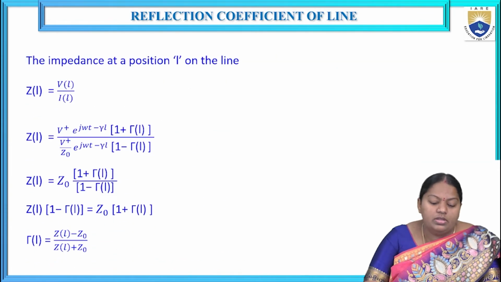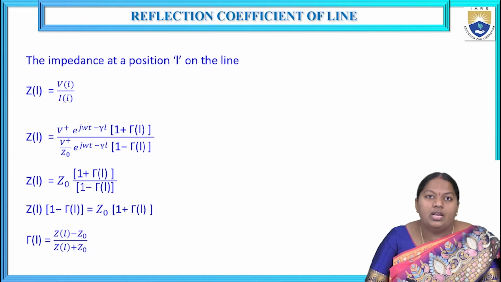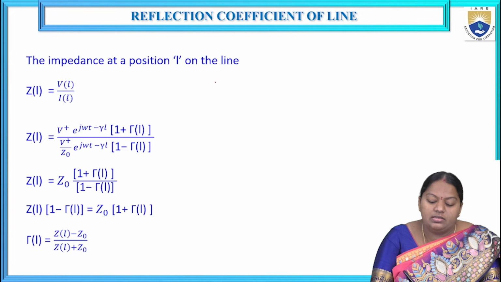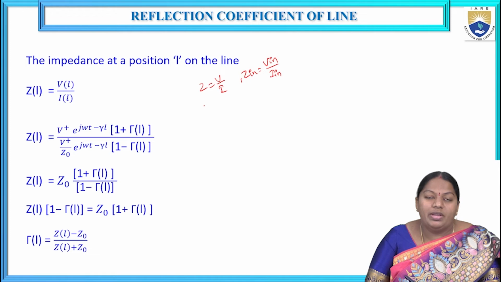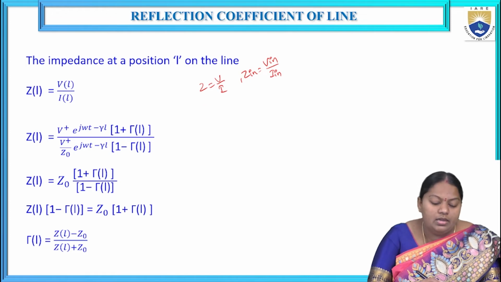Right? So the impedance at a position L on the line, in general, Z is equal to V by I, or Zn is equal to Vn by In. Like that, the impedance at a position L of a transmission line can be written as Z of L is equal to V of L by I of L. Right?